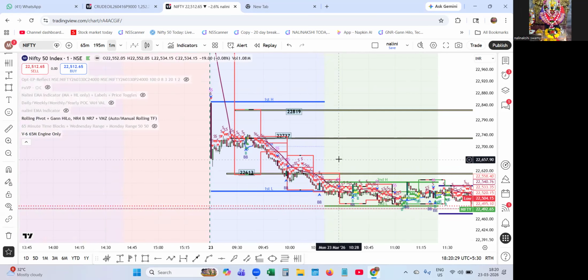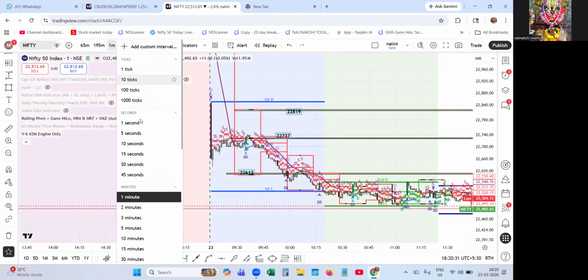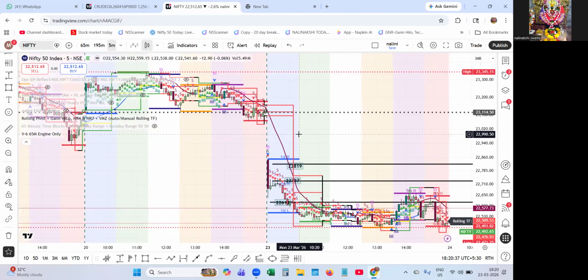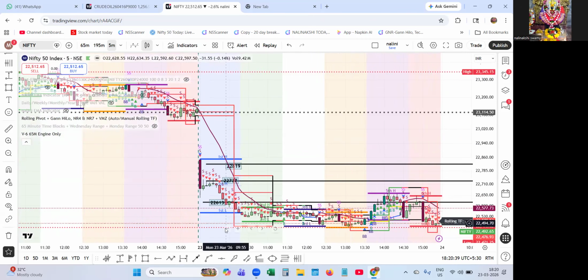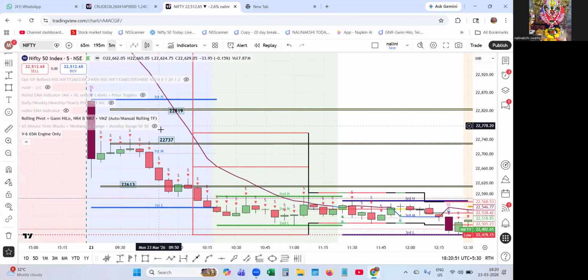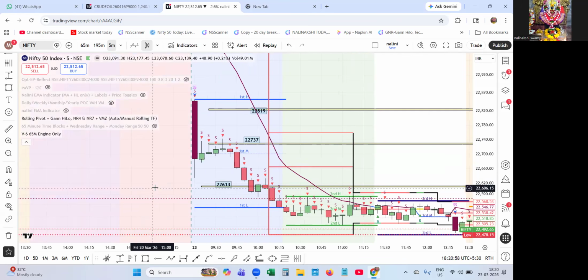Okay. Now I'm changing to 5 minutes, then it becomes easy for you people to understand the trade. See, the box will not form. With the 1 minute, you got the R1 here, pivot here, and the S1 here, right?